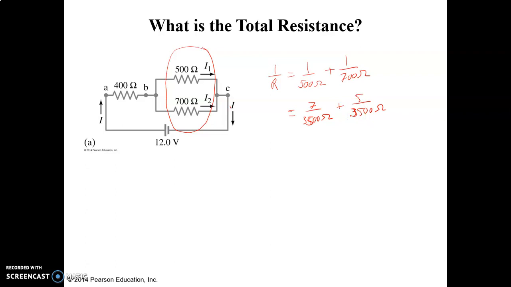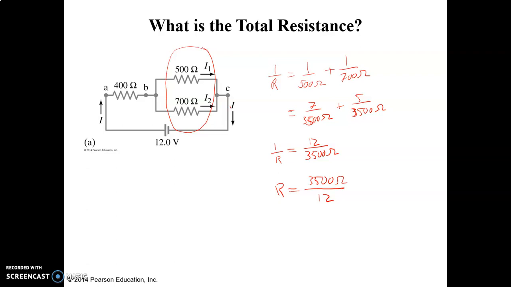You can also do this on your calculator, it's true, but I find that it reduces rounding errors. So you end up with 1 over R equaling 12 over 3,500. So your resistance is going to be 3,500 ohms divided by 12. That's going to be just shy of 300.